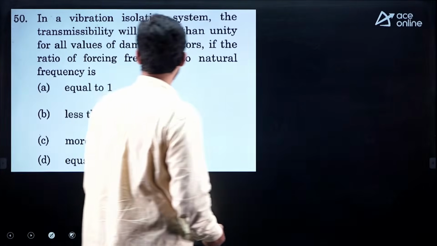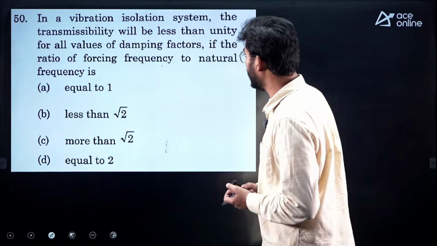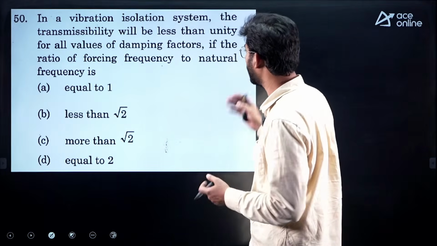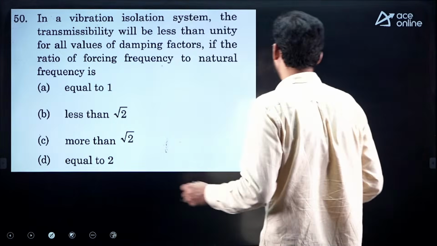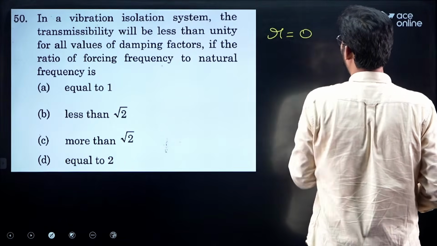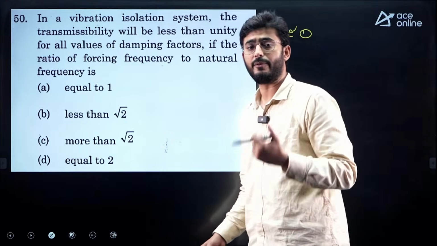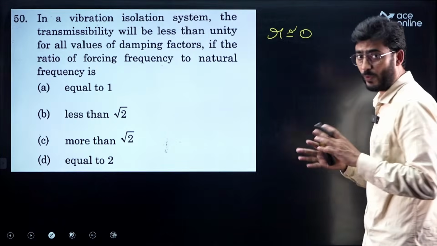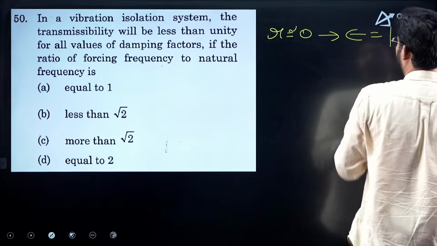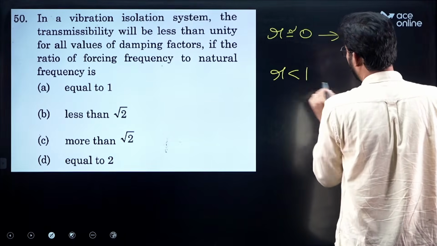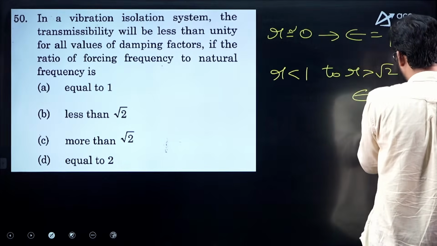Next is, in the vibration isolation system, the transmissibility will be less than unity for all damping factors if the ratio of forcing frequency to natural frequency is dash. So here if R, the ratio of excitation frequency to natural frequency, is very close to 0, then epsilon is equal to 1. And if R is between 1 and root 2, then epsilon is greater than 1.